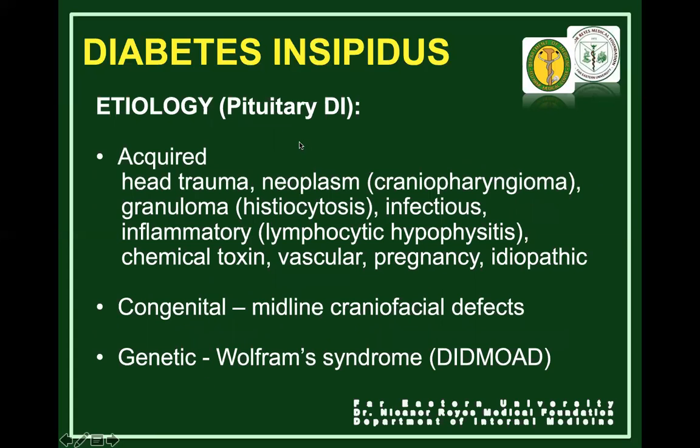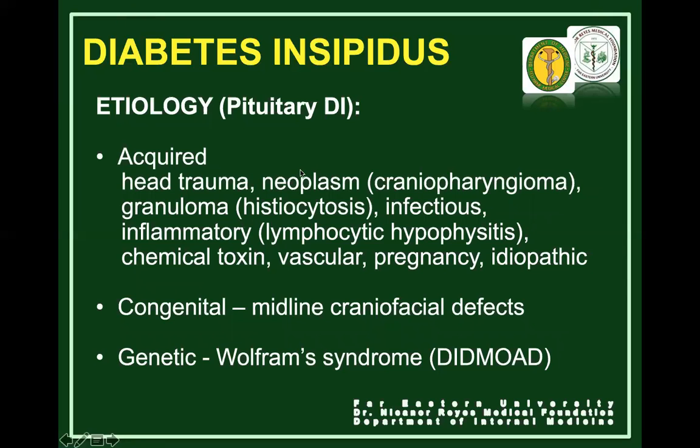Now, the etiology of pituitary diabetes insipidus, because there's also nephrogenic, but I will not discuss the nephrogenic because that is in the nephrology module. So we'll just tell you about the pituitary DI in terms of its laboratory workup. For pituitary diabetes insipidus, a lot of the things that cause SIADH, okay, there can be an overlap between DI and SIAD.